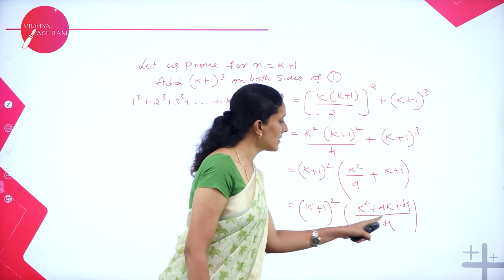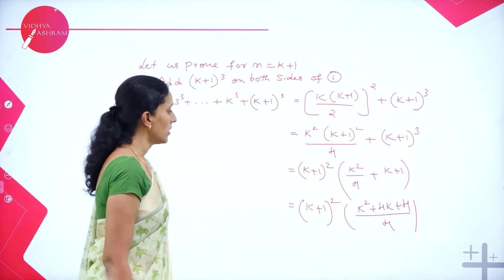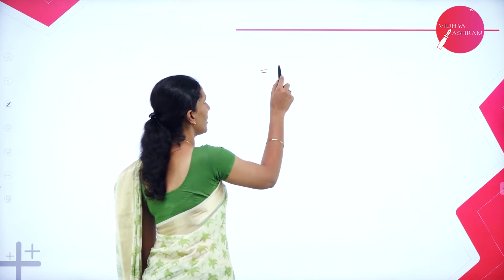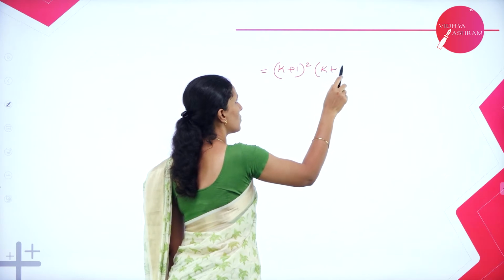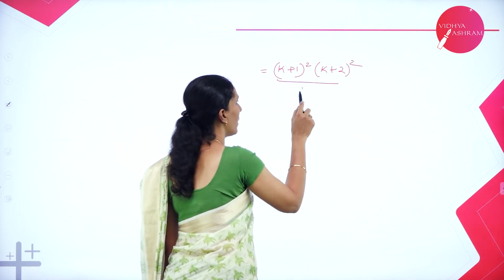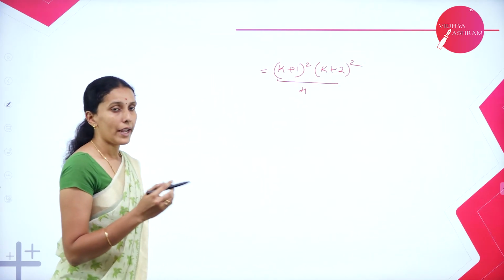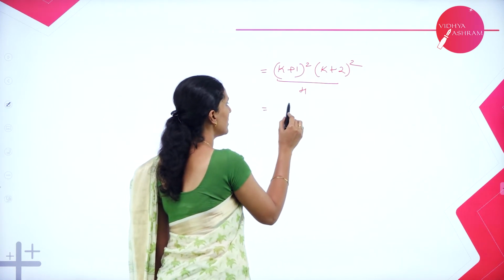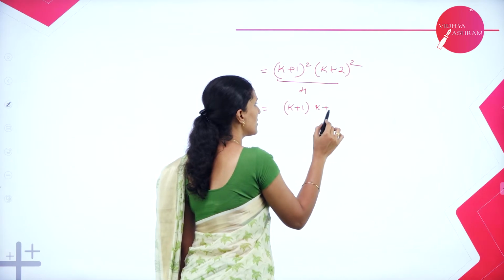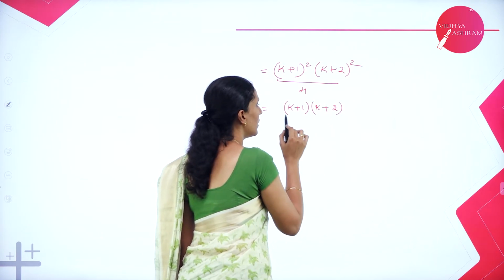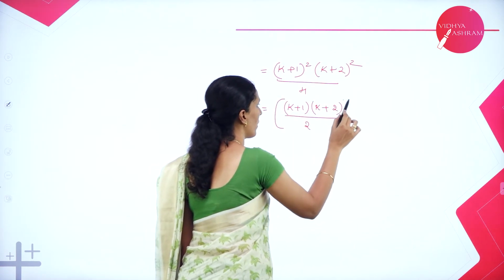So clearly this is (k+2) whole square. Therefore, I can write the equation as (k+1) whole square times (k+2) whole square divided by 4. If you want to take outside, then this is ((k+1)(k+2)/2) whole square.